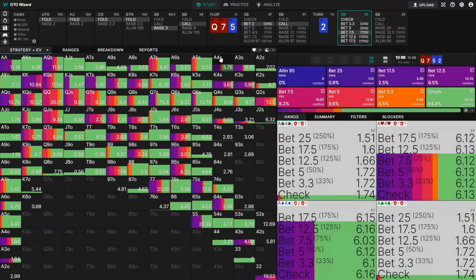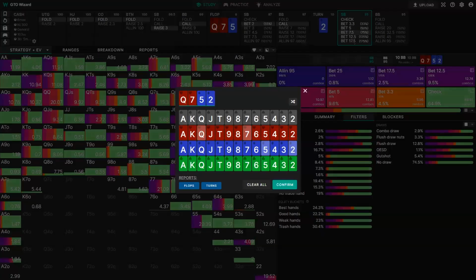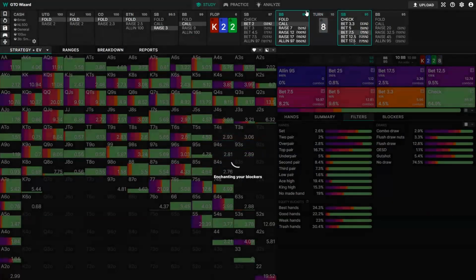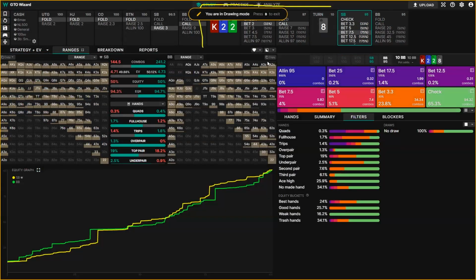Now, there is a caveat to this. For example, a board like, let's say, King-2-2-8 rainbow. Okay, and we said that out of position needs to bluff with equity. Okay, what is equity here, right?